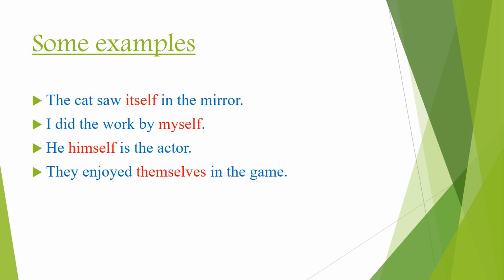I'm talking about the third person personal pronoun as well as the third person reflexive pronoun. Both are plural. It's they, so they are plural, more than one. So they enjoyed themselves in the game.